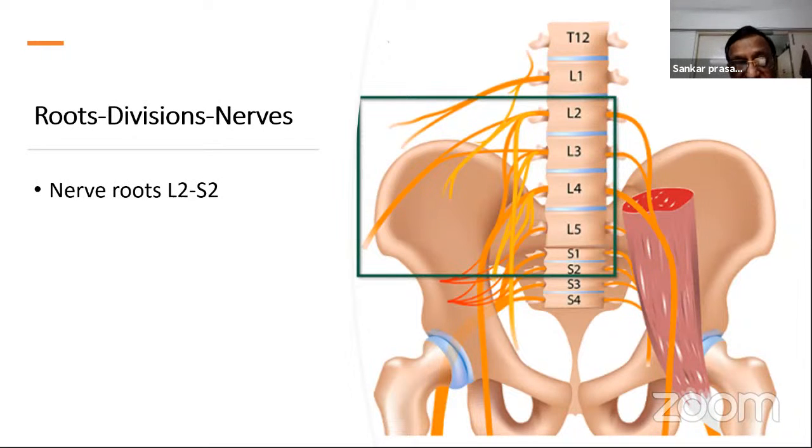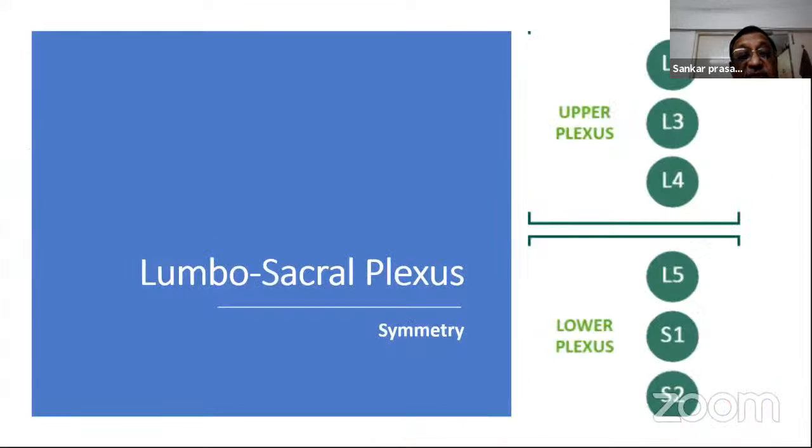On the posterior aspect you have the sciatic nerve, common peroneal and posterior tibial nerves, and the posterior cutaneous nerve of the thigh. Anteriorly you have the femoral nerve, obturator nerve, saphenous nerve, and various other nerves. These are all coming from the L2 to S2 nerve roots.